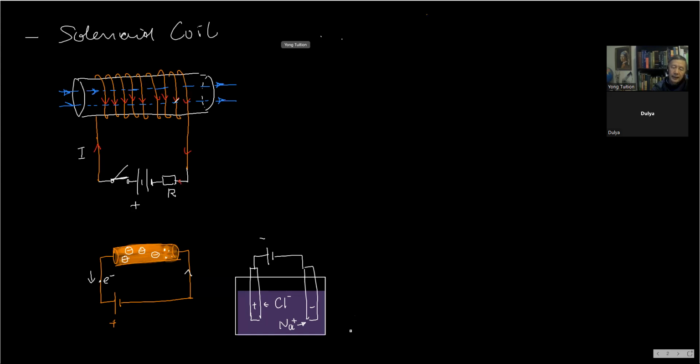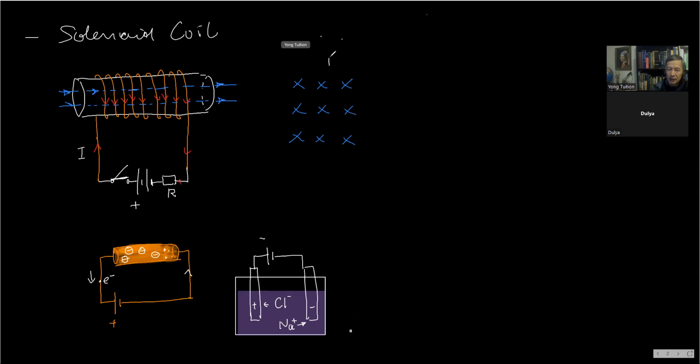Another thing is that inside the coil, the magnetic field is uniform. So when we do some experiments, we always say, let's say the field is into the page, all right? So how can we achieve this uniform magnetic field?